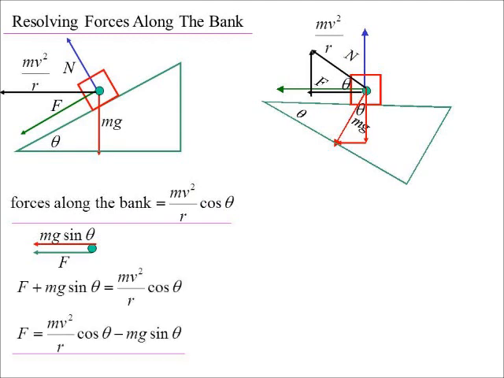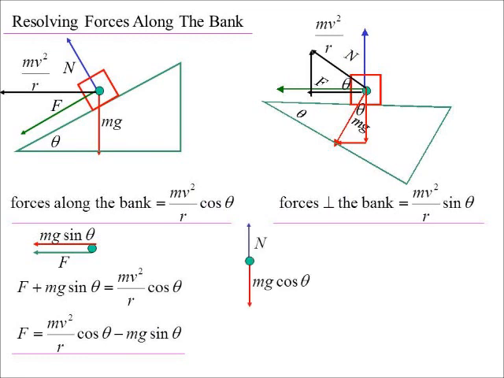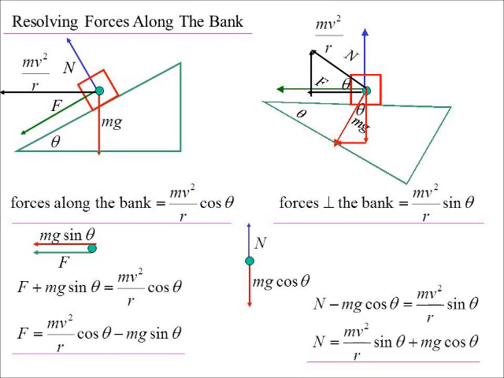And we come up with an expression for friction. If I look at the ones perpendicular to the bank, the component of the resultant force would be mv squared on r sin theta. And we'll have the normal totally up, component of gravity. And we get an expression for the normal force.